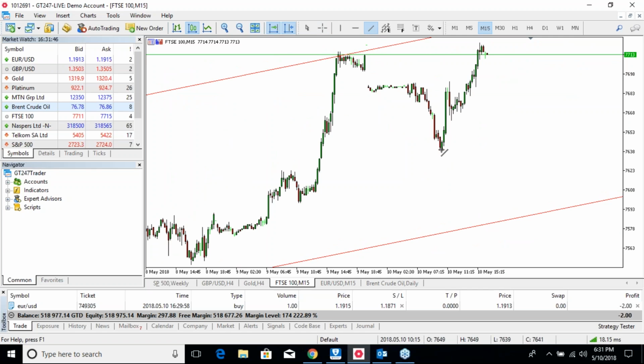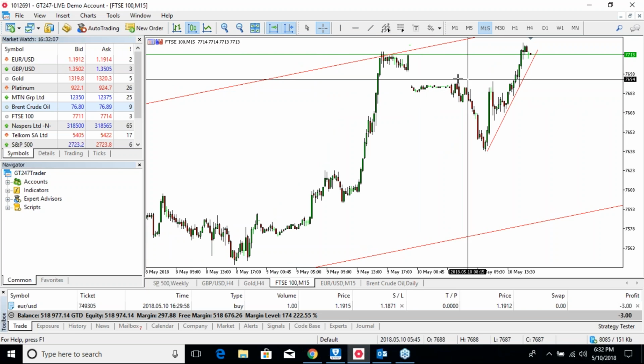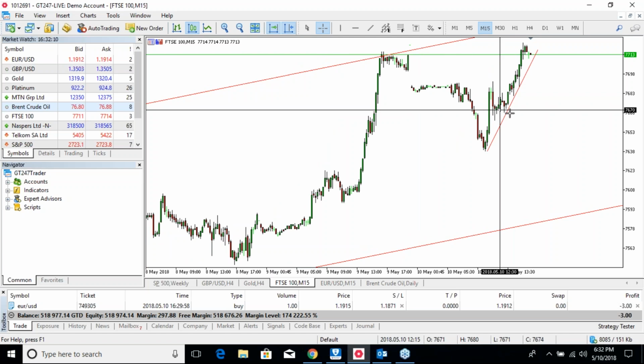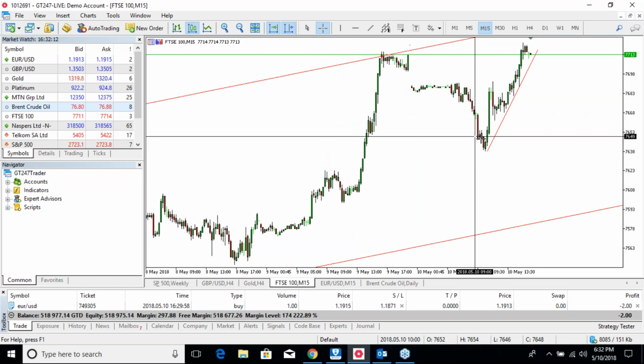So what you can do is use the same knowledge or ideology of support and resistance lines as you zoom in more on how the markets are moving in that particular instance. If you can see here, just to divert a bit, there was a head and shoulders pattern that formed here. So here's the left hand shoulder, here's the right hand shoulder, and this is the head, or rather an inverse head and shoulders pattern.